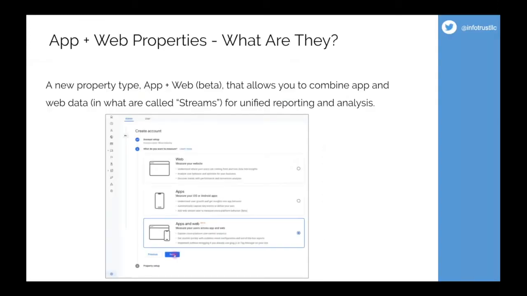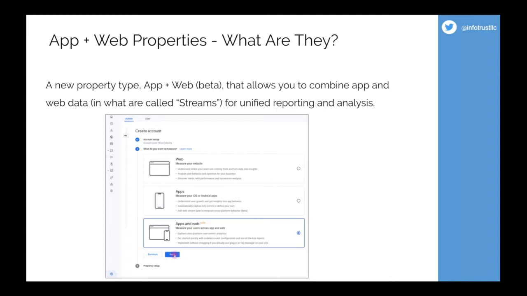When you go into Google Analytics and you try to create a new property at this point, you have three options. You have web, you have apps, and then you also have apps and web, which is this new app plus web property that we're talking about here. Now, when you actually create these app plus web properties, it asks you to create a stream, and those data streams are actually for the different types of platforms that will be sending data.